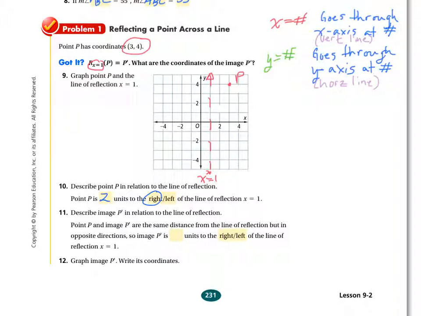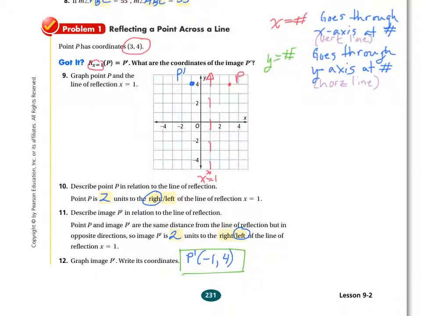So what's P prime going to be? 2 units to the left, always in the opposite direction. And so if we go 2 units to the left, won't point P prime be here? And what is the ordered pair for P prime? That would be -1, +4. So that's not so bad. The hard part on that one was graphing that line x equals 1.